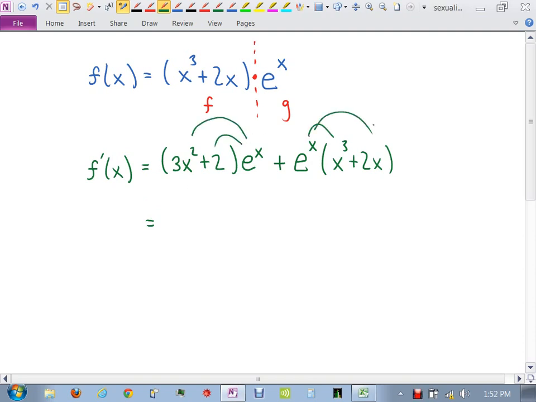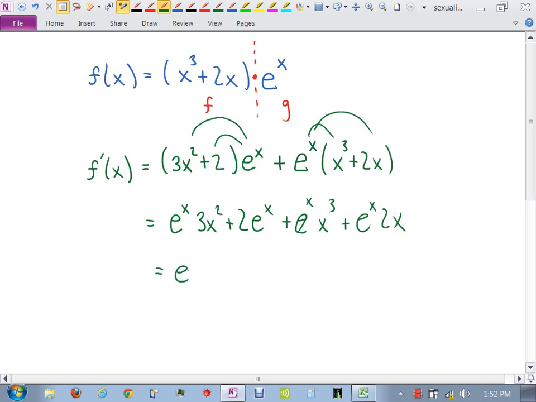I'm going to wind up factoring it out at the end anyway. You can take it from both of them if you want. But you get an e to the x, 3x squared, plus 2e to the x, plus e to the x, x cubed, plus e to the x, 2x.